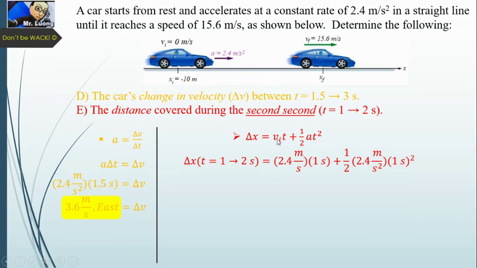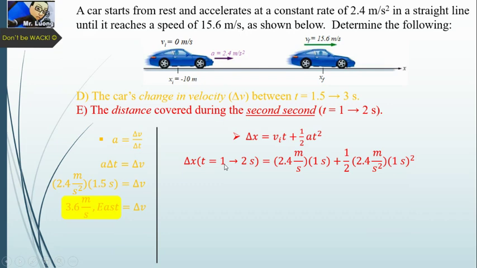But VI at 1 second is 2.4, because in the diagram, if the initial velocity is 0 to start with, 1 second later it will increase to a value of 2.4 meters per second, because that's what acceleration tells you about your velocity. Each second, your velocity changes by 2.4. In this case, it's getting bigger by 2.4 because it's speeding up. So after 1 second of acceleration, my velocity should be 2.4.